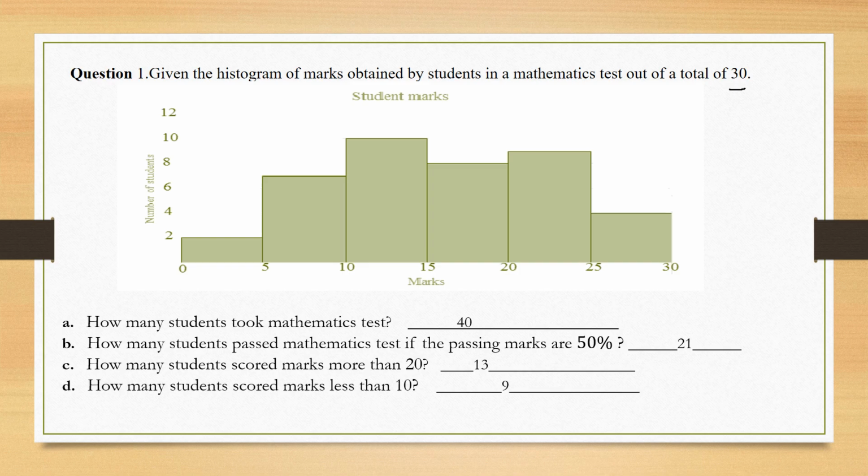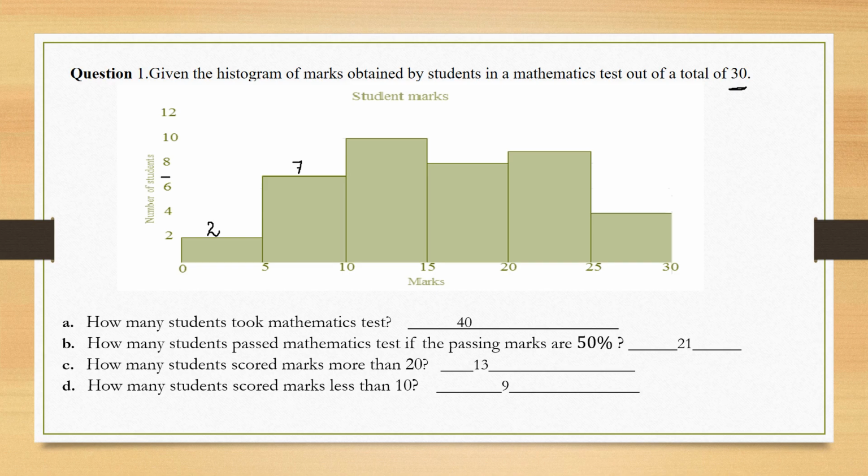First of all, my dear student, the graph given is called a histogram. In this mathematics test, total marks is 30. From 0 to 5 marks we have 2 students. From 5 to 10 marks we have 7 students.